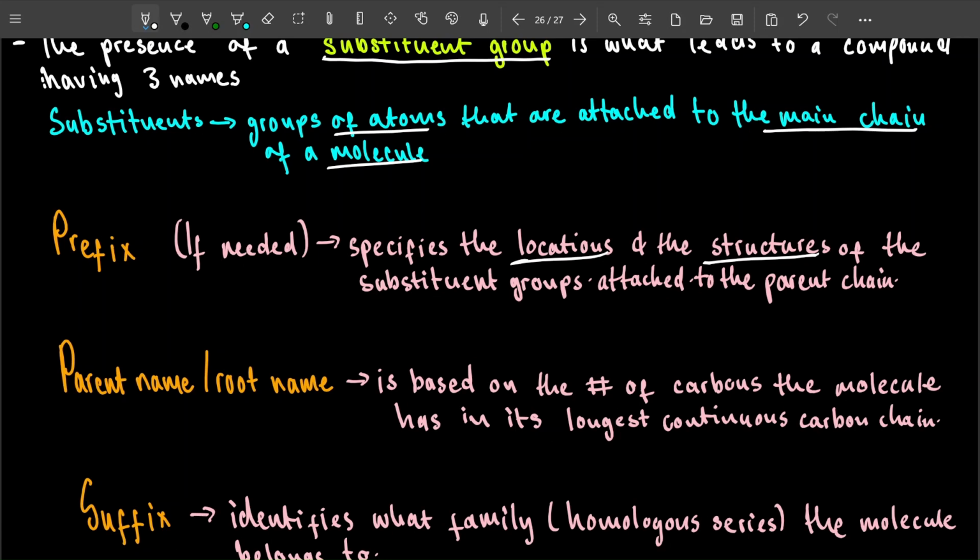So you have a parent chain and you have something attached to it. Once you have something attached to it, we have to give our name a prefix. So the prefix does 2 things. It tells you what is attached, and it also tells you where it is attached.